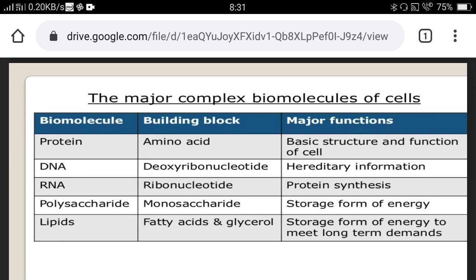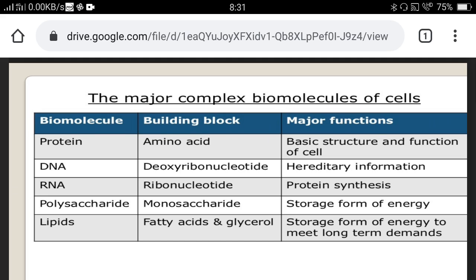The major complex biomolecules of cells are: protein, and the building block of protein is amino acids, and the function is basic structure and function of cell. DNA, the building block of DNA is deoxyribonucleotide, and that is hereditary information.